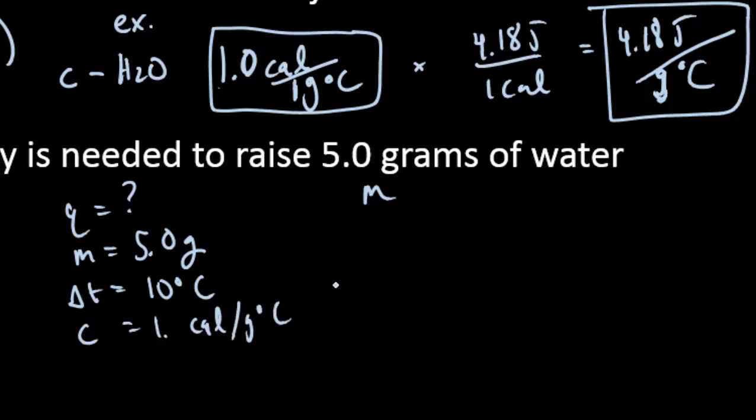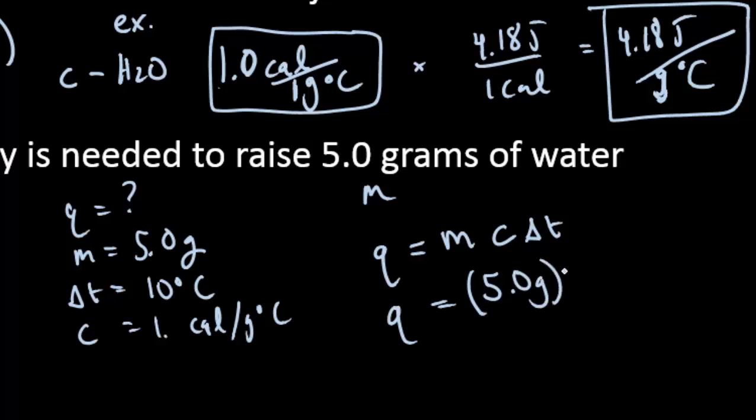So in order to solve for the Q, we can set Q is equal to MC delta T, and I can solve for my unknowns. 5.0 grams times 1.0 calories per gram degrees Celsius times 10 degrees Celsius.